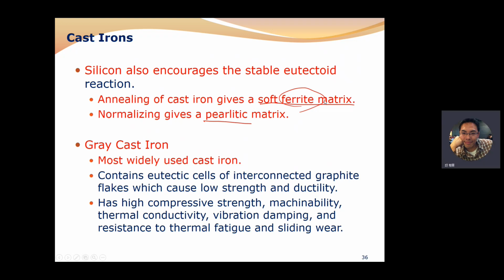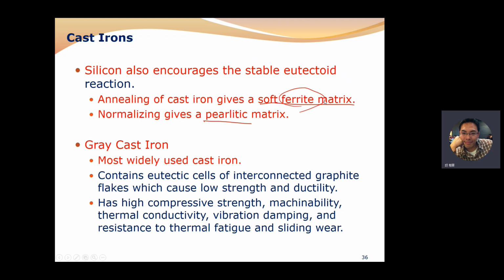Gray cast iron, the most widely used cast iron, contains eutectic cells of interconnected graphite flakes, which cause low strength and ductility, and high compressive strength, machinability, thermal conductivity, vibration damping, and resistance to thermal fatigue and sliding wear.